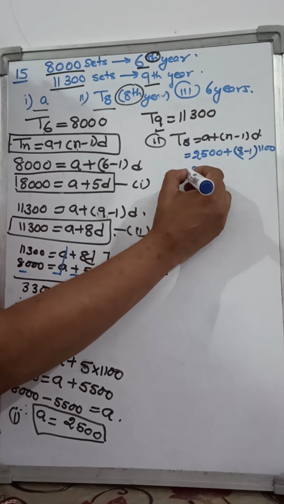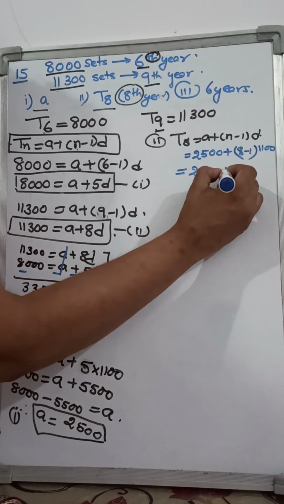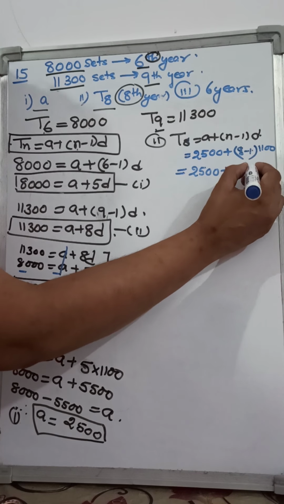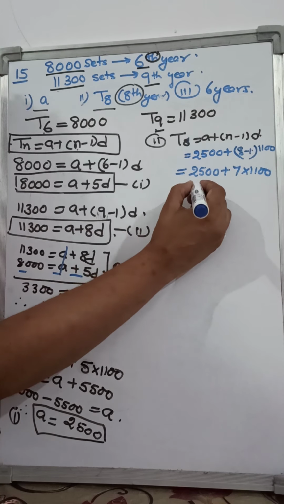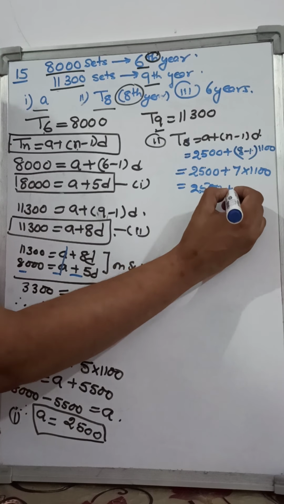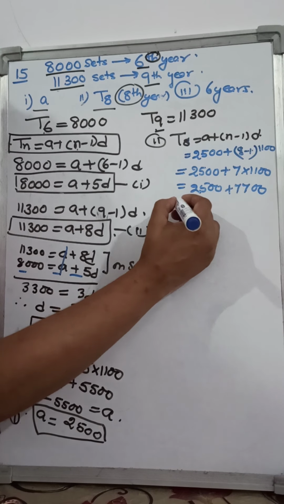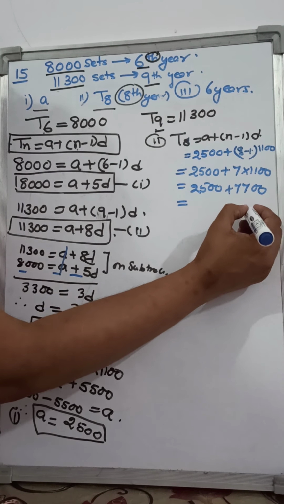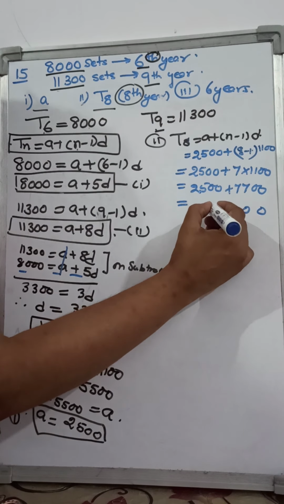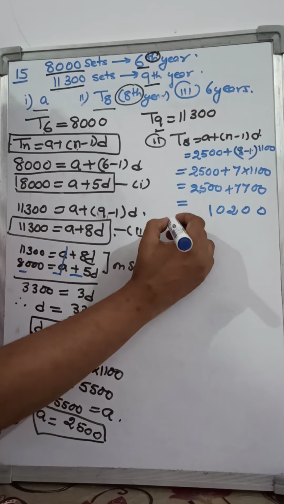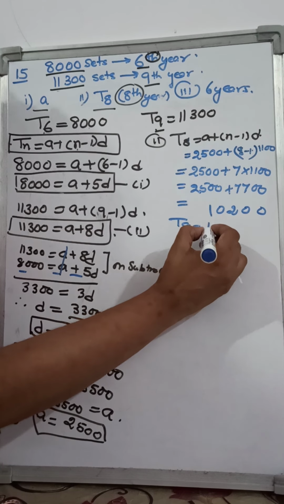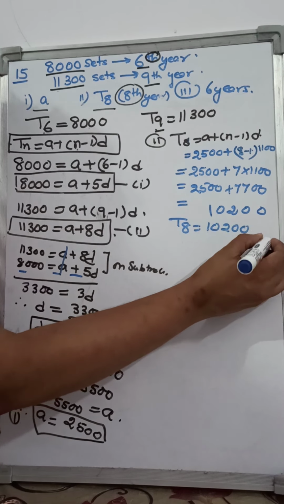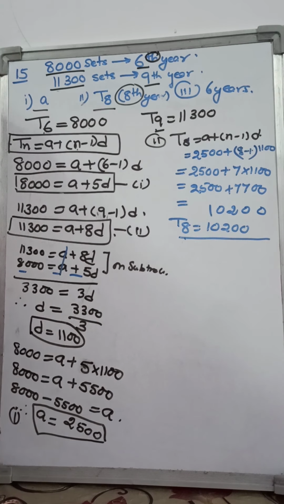So this will be 2,500 plus 8 minus 1 is 7 multiplied with 1,100. So, 2,500 plus 7,700. When you add it, it will come out to be 10,200. So, in the 8th year the production is 10,200. This is the second part answer.